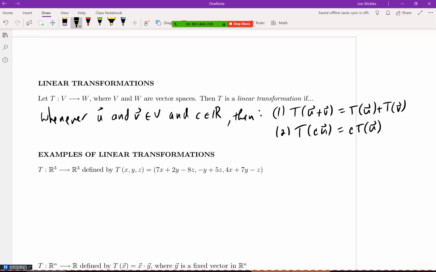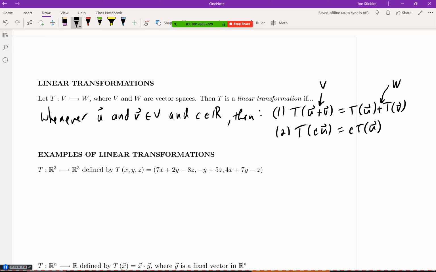So what the definition here for linear transformation says is that this linear transformation has to be well behaved with respect to those operations. So notice that this plus sign here is addition in V, whereas this plus sign here is addition in W. So what I mean by behave nicely is that it has to preserve that additive structure between the two spaces.